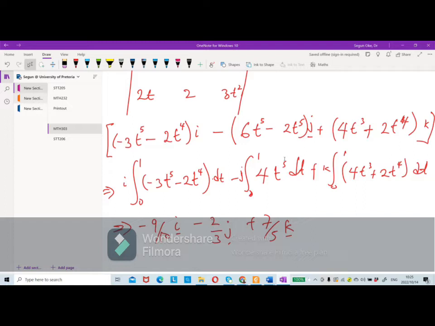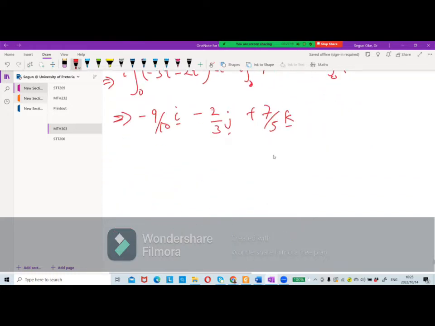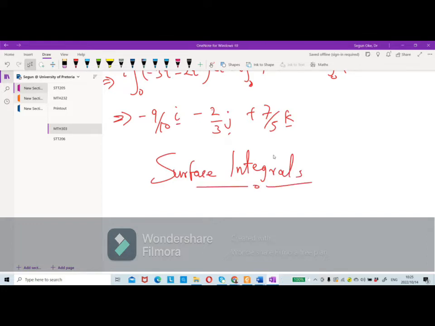One of the things, the definition, under the surface integral, we have the definition to be the integral of A dot n, where n is the normal vector.